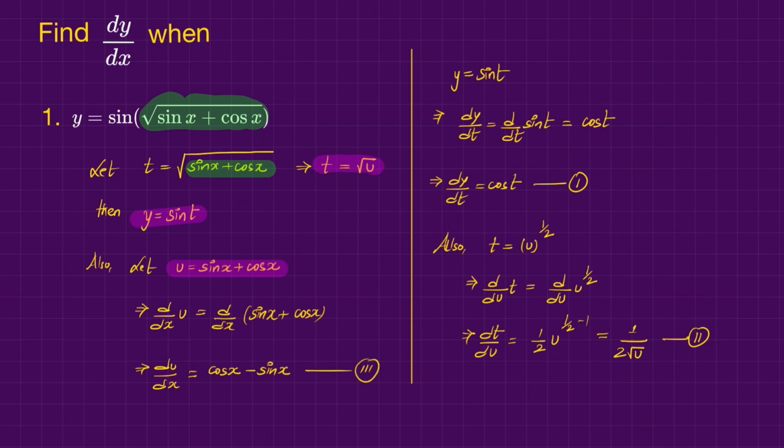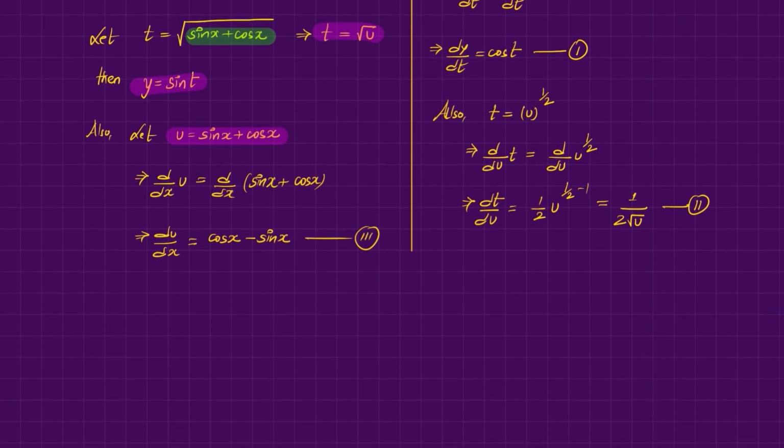Now since the question was asking to find the value of dy over dx, therefore dy over dx can be written as the product of equations 1, 2 and 3, because dy over dx can be written as dy over dt, because y was a function of t, and again multiplying equation 2, that is dt over du, because t was a function of u, and equation 3, that is du over dx, because u was a function of x.